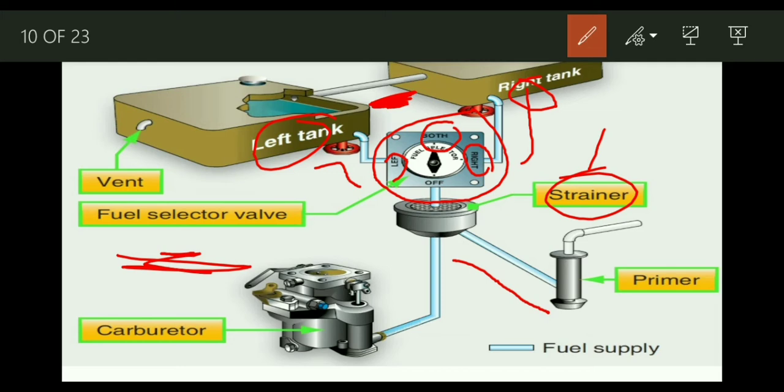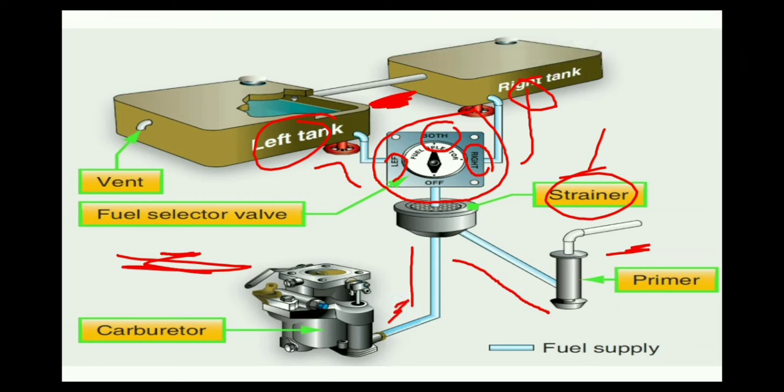Before starting the engine, you need to prime the engine. After that, the fuel comes to the carburetor, and this is the example of how the fuel system works in a gravity feed system.